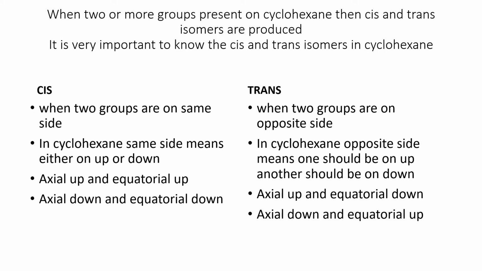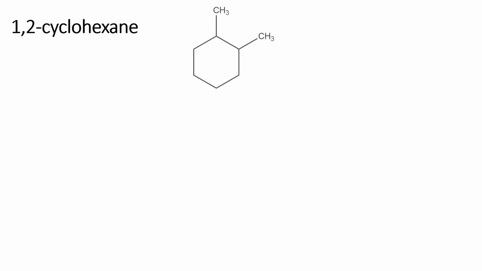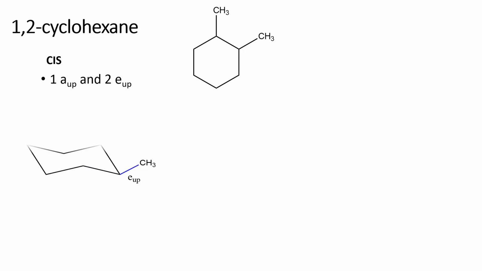Whenever you look at a cyclohexane ring, you should look at whether the substituents are up or down, equatorial or axial. For example, for 1,2-dimethyl cyclohexane, the cis conformation would be like this: 1 axial up and 2 equatorial up.